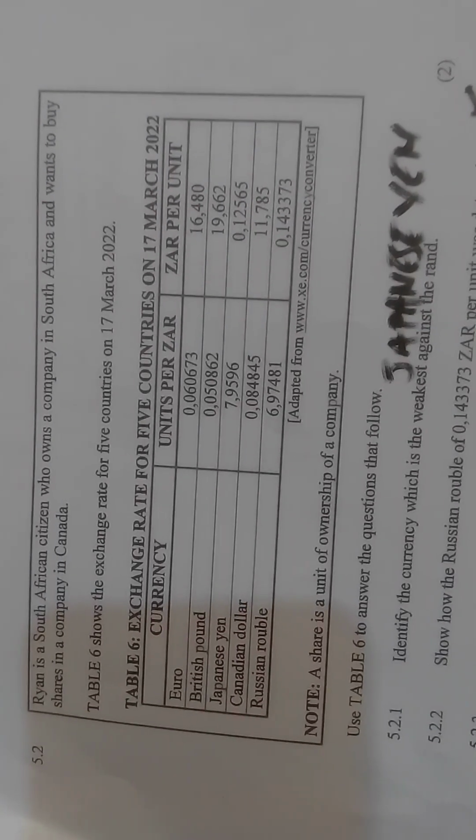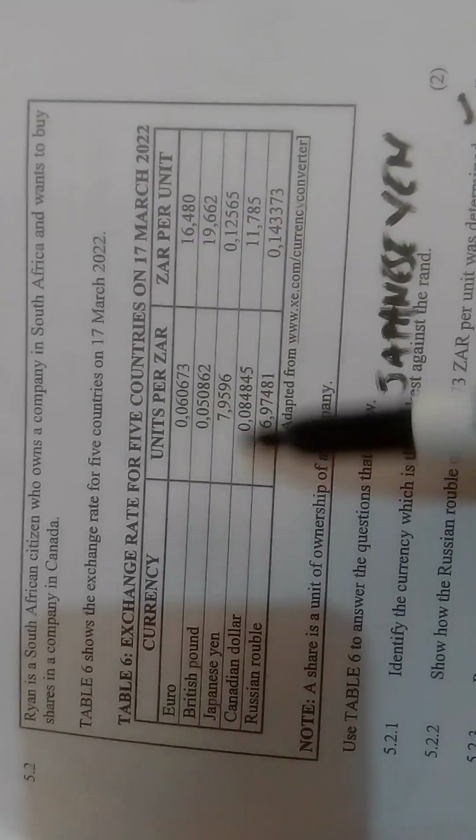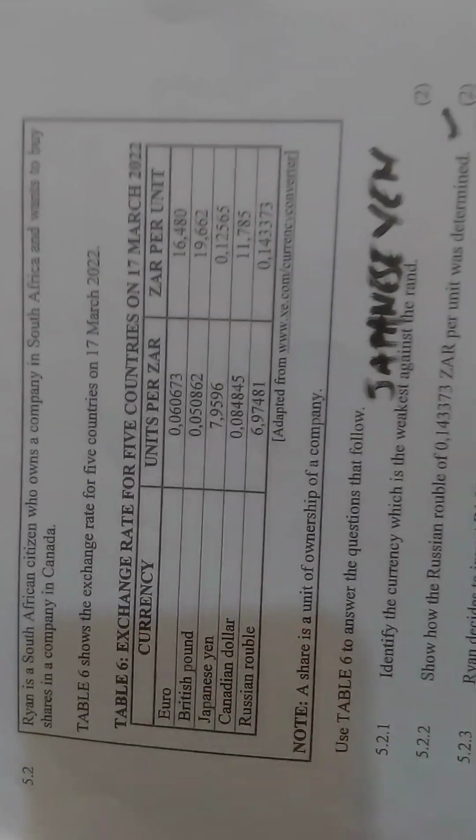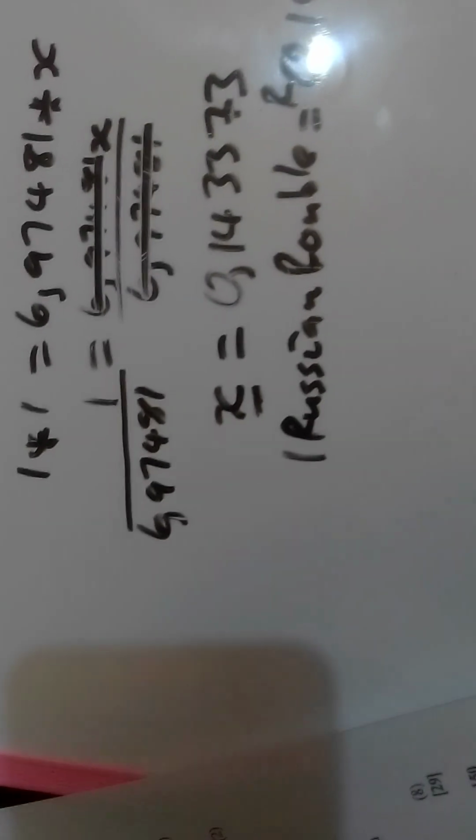So Ryan is trying to protect his money by buying into a currency which is stronger than the rand. Now they want to know the 1,230,000 here, how much would it be as a Canadian dollar? All right, so I'm going to erase here so that we may start work with the calculations.